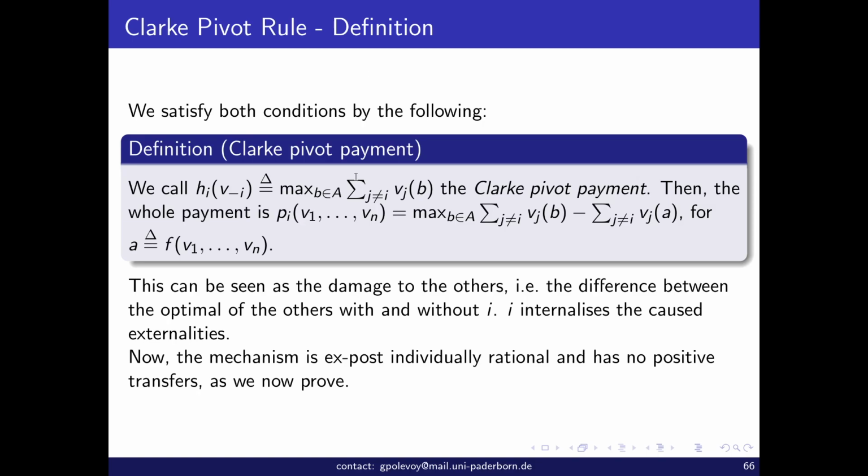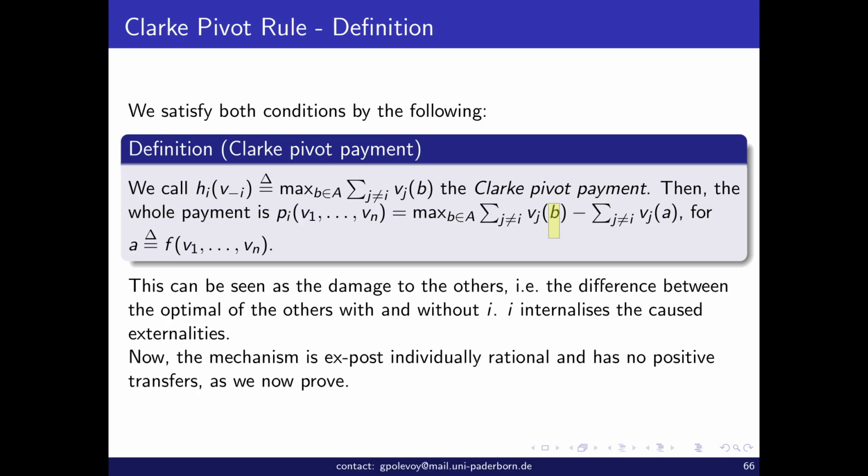Now, then what is the wall payment? So the wall payment is as follows. I remind you that's basically HI, minus the sum of what the players feel about A, which has been just chosen by the mechanism. And I remind you that's the difference. The mechanism chose the maximum for all the players, whereas the choice B is a maximum for players besides I. Now, what does it mean?